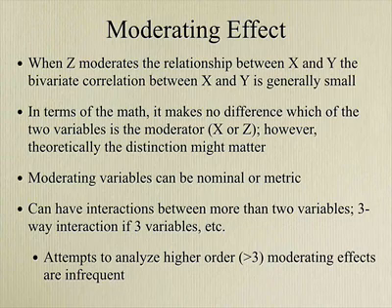I don't know that it has to do with being strong. If you have a high correlation, you don't need a moderating effect? Why don't you need one? Because you already have a clear relationship. Yeah, I think that's along the lines. Is that what you were also suggesting, Chico?